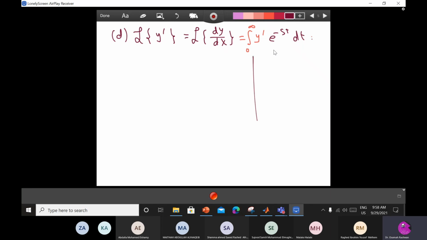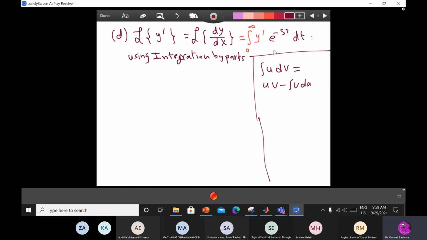Also, here I remind you how to integrate this one, in the margin, using integration by parts. What is the integration by parts? I will remind you, u dv equals uv minus v du. Which one will I take as u and which as v?